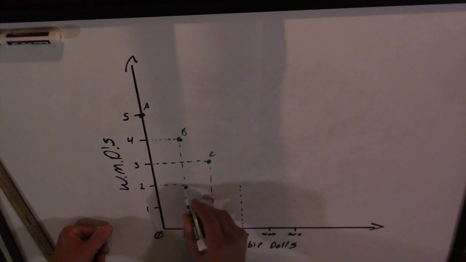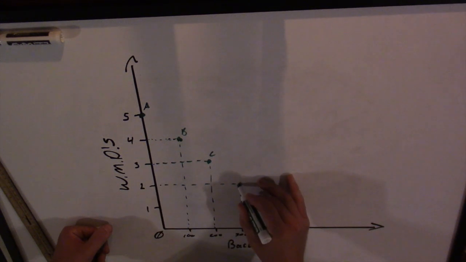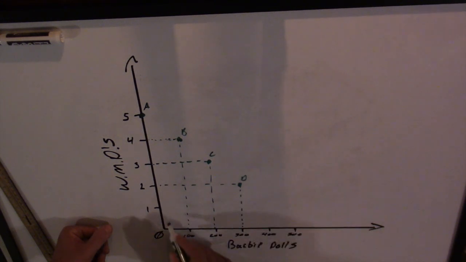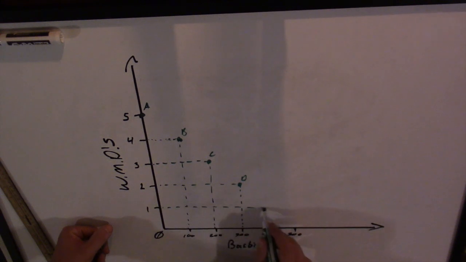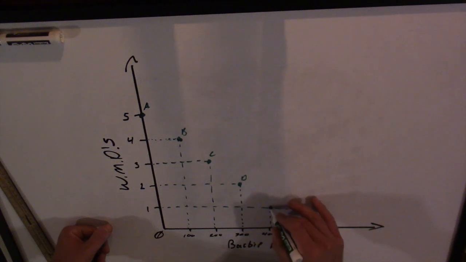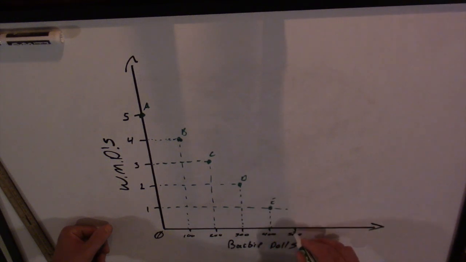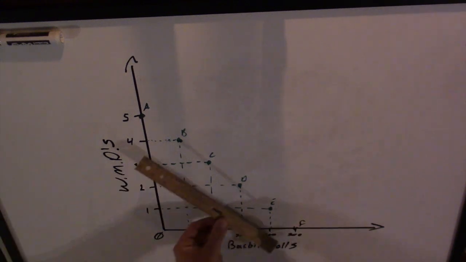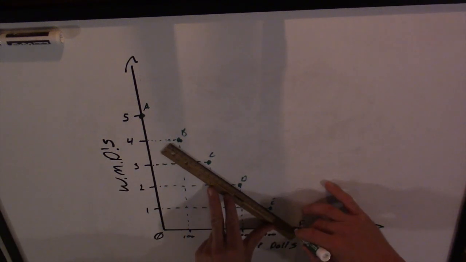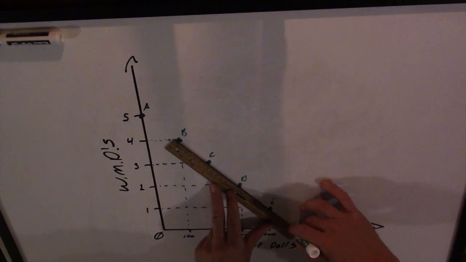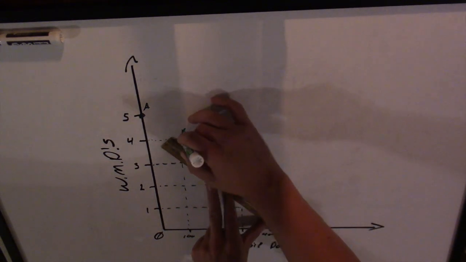My next point was 2 and 300, and there's point D. And then my next point was 1 and 400. Oops, went a little too far. And there's point E. And if I make 0 WMDs, I make 500 Barbie dolls, so there's point F.